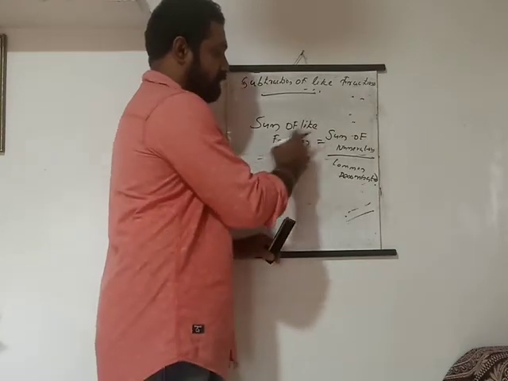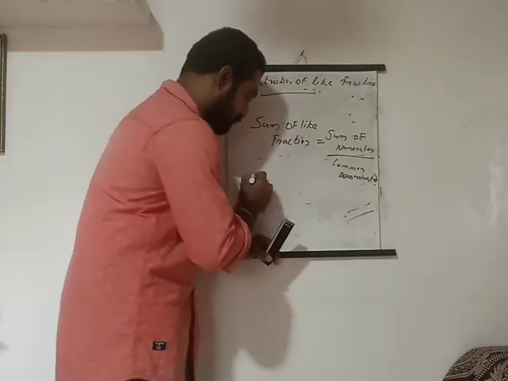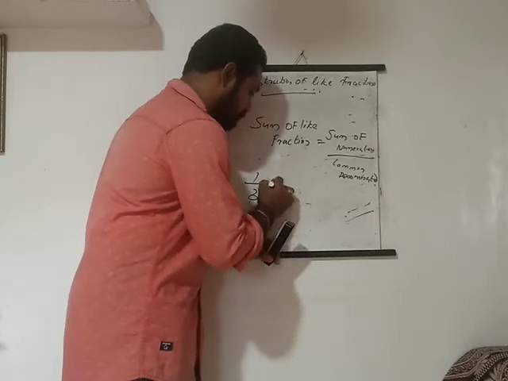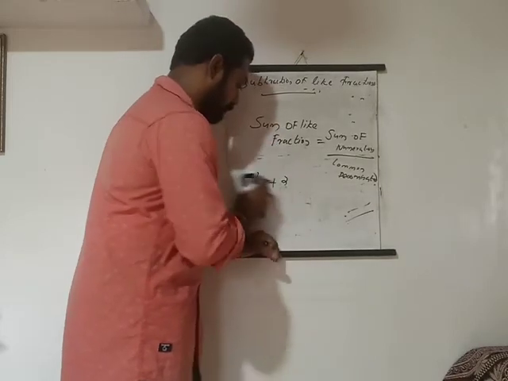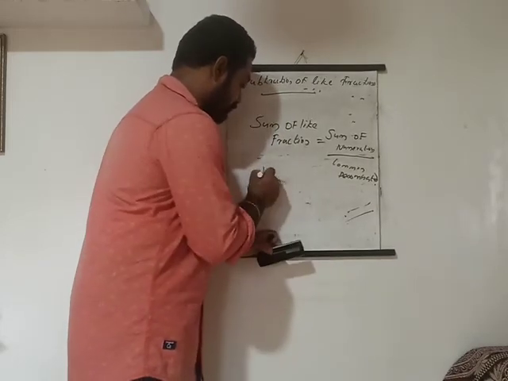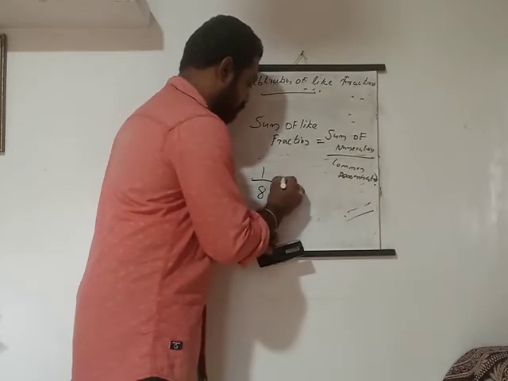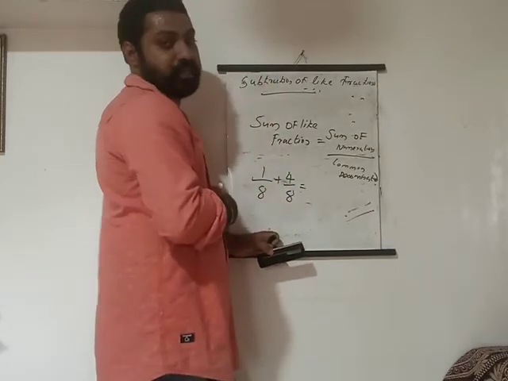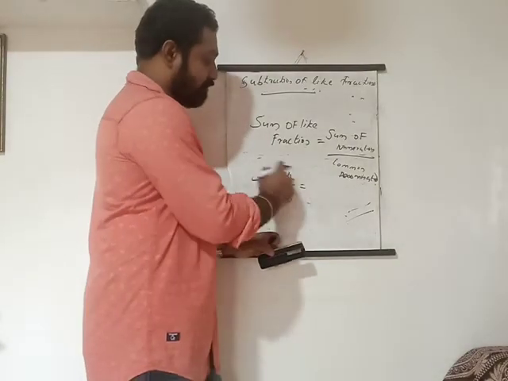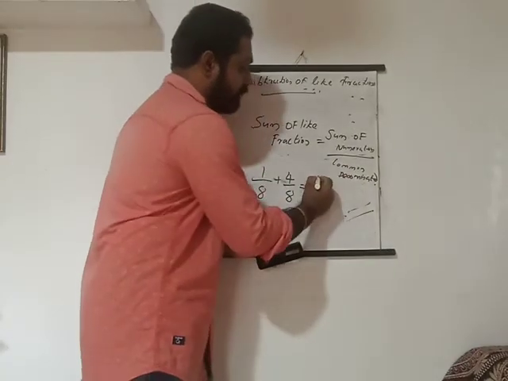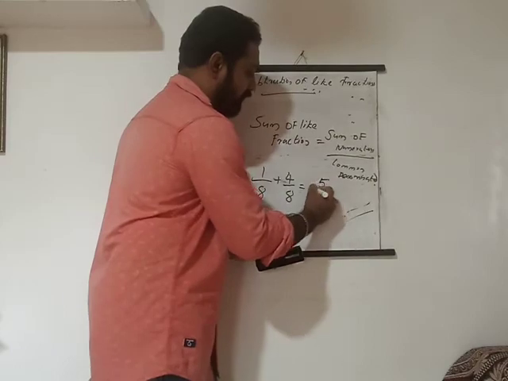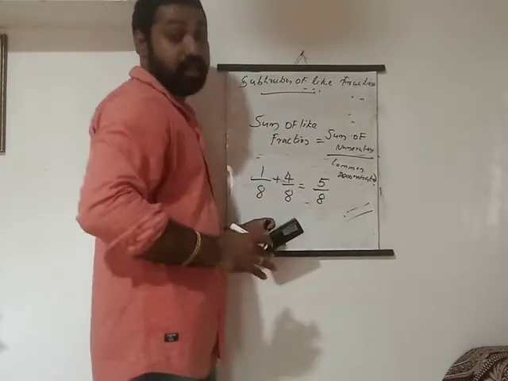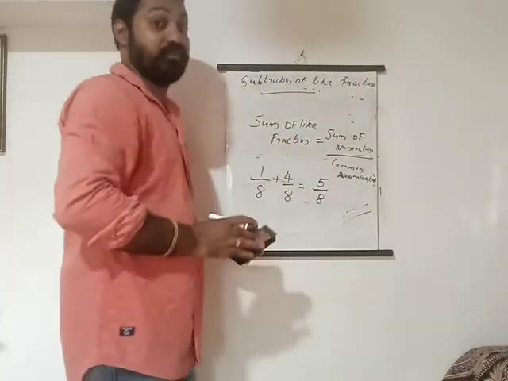Understand? So what I said is, it is 1 by 8 plus 4 by 8. That is the sum of like fractions. Sum of numerators means 4 plus 1, that is 5 by 8. I just wrote it in words, don't be confused.